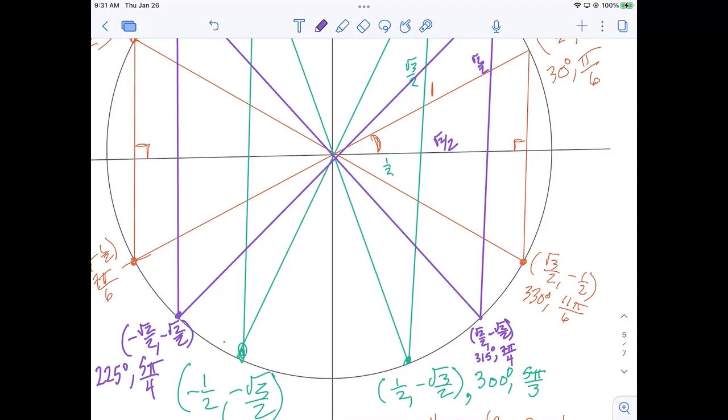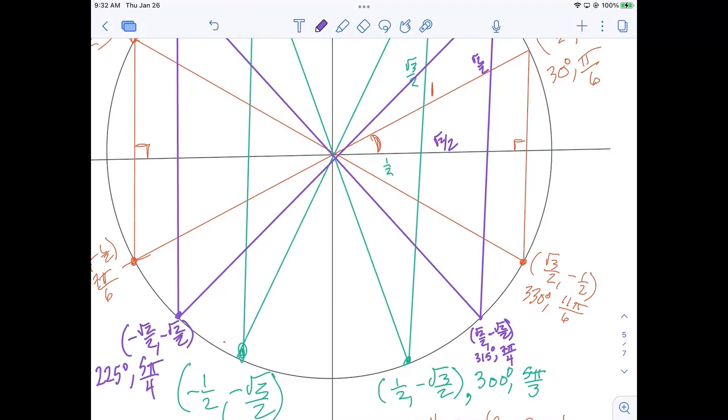I don't usually use degrees. What is the secant of 5 pi fourths? Negative square root of 2. Secant is the reciprocal of x, the cosine. Flip it, rationalize it, you get negative square root of 2.